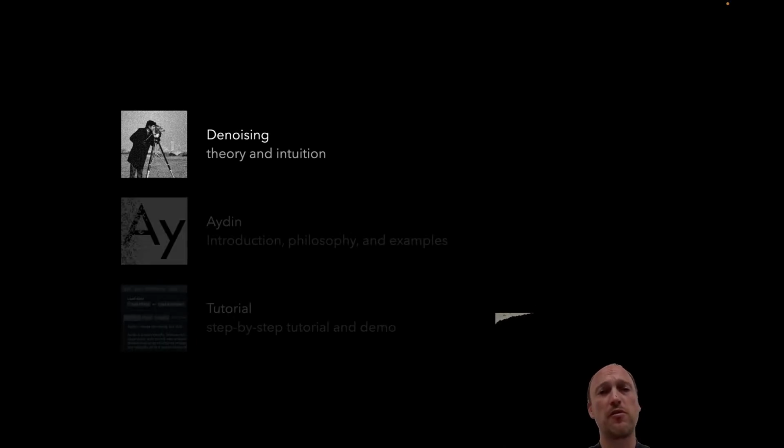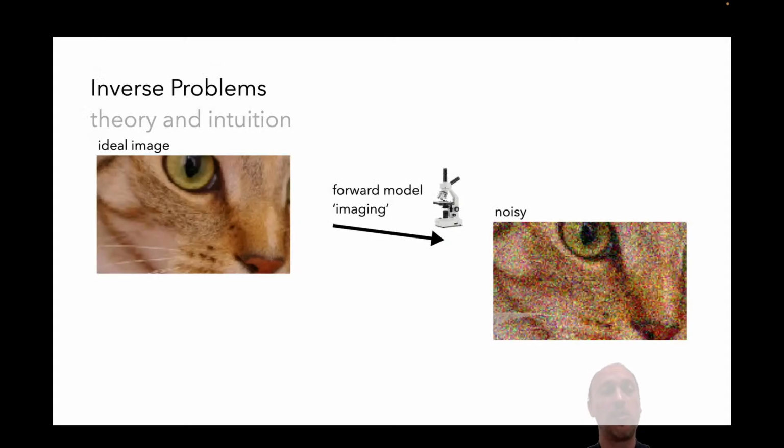First, let's go through the theory and intuition. So, denoising is a particular case of image restoration. And really, the context here is that when you have an imaging system, like a microscope, you essentially use that instrument to observe an image that is not necessarily the image you really would like to have.